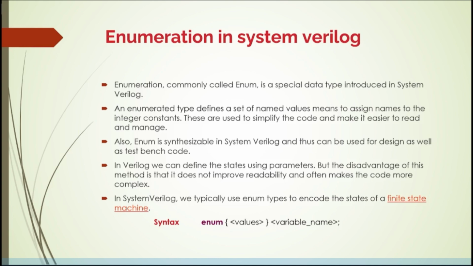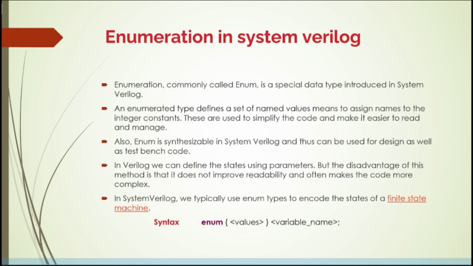Since you are generating the code, you understand what 1, 2, and 3 are. But if the code is going to a verification engineer, the verification engineer should understand whether he should give one first, or two first, or three first.